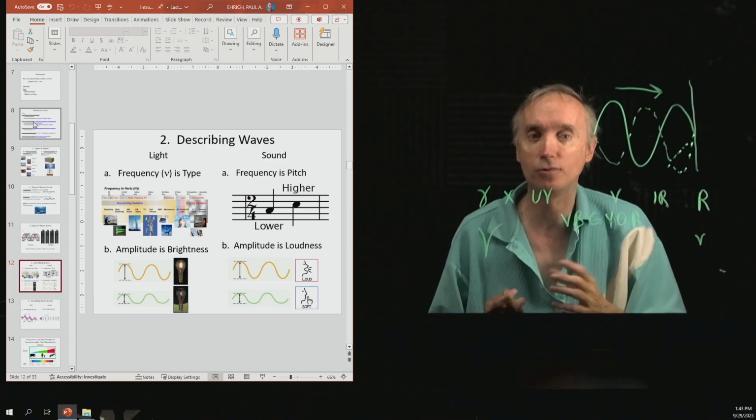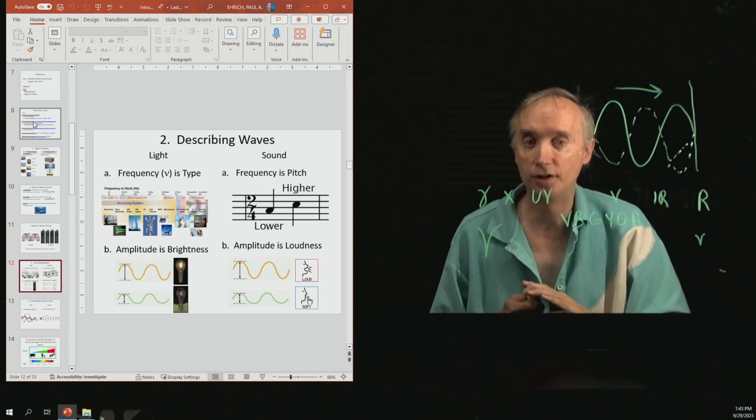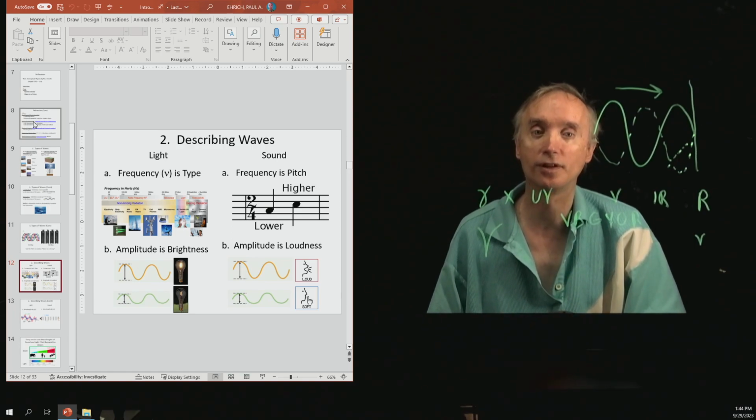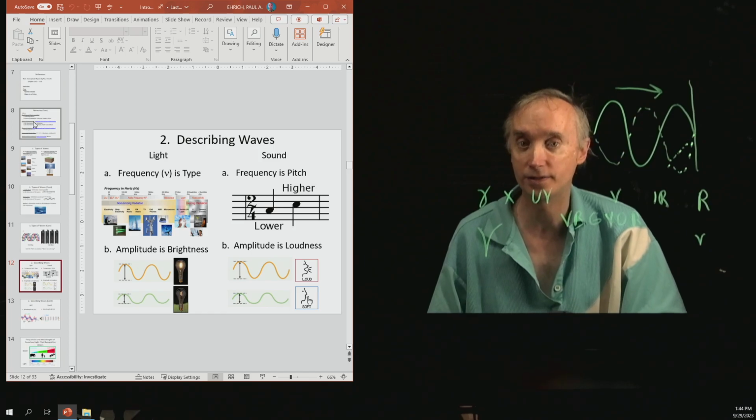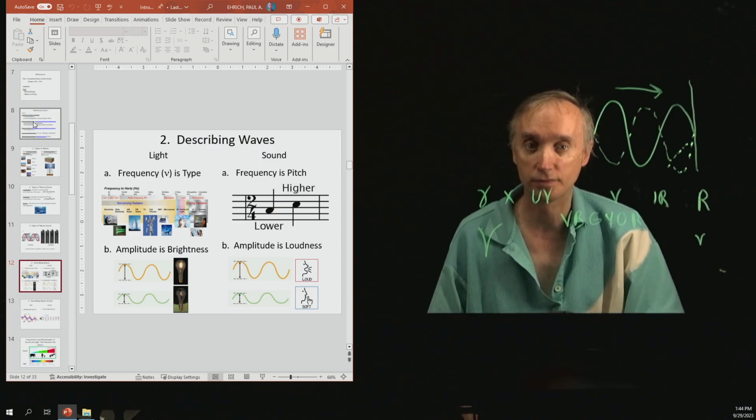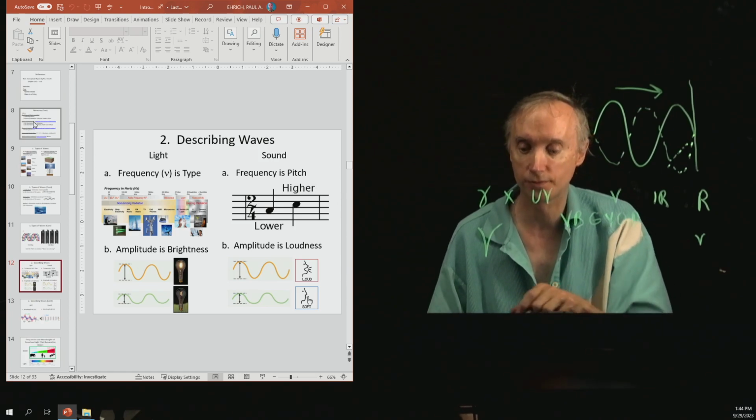As far as sound is concerned, the frequency of sound is going to be the pitch. Okay, then amplitude for light tells you how bright the light is. Amplitude for sound is going to tell you how loud the sound is.